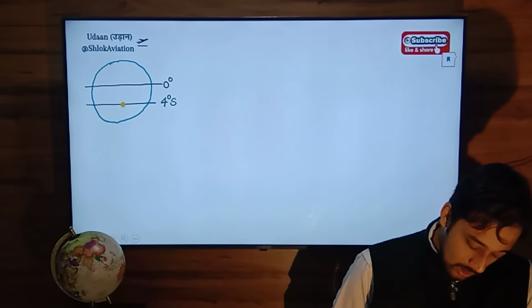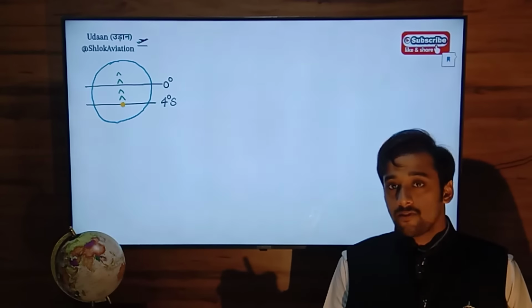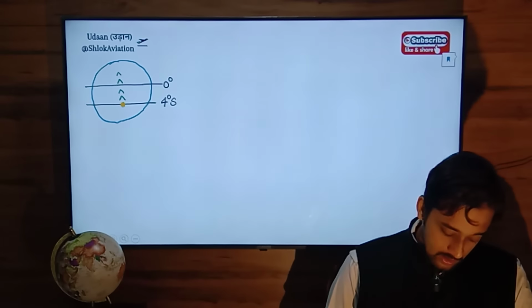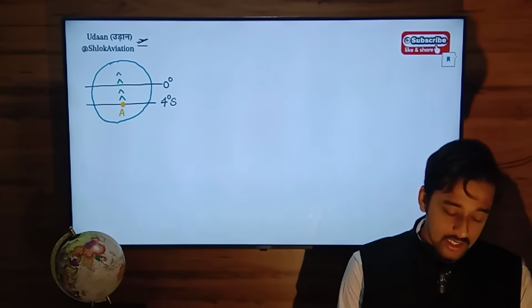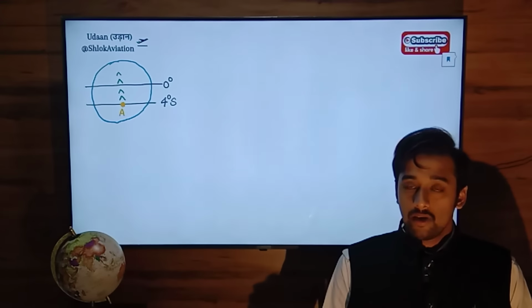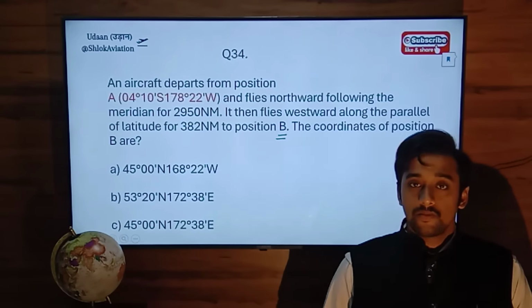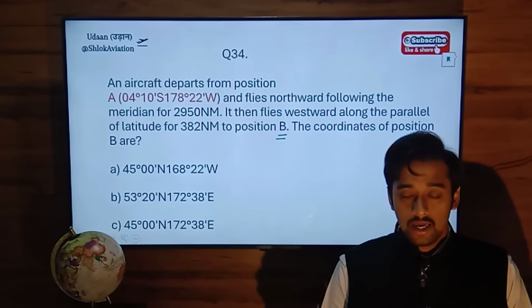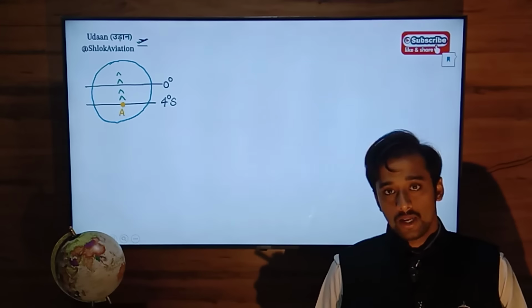And it flies in a northerly direction. So there are two possibilities. After flying from A, which is 4 degrees south, when it travels for 2950 nautical miles, the final destination might be in the southern hemisphere, or it can go up into the northern hemisphere.